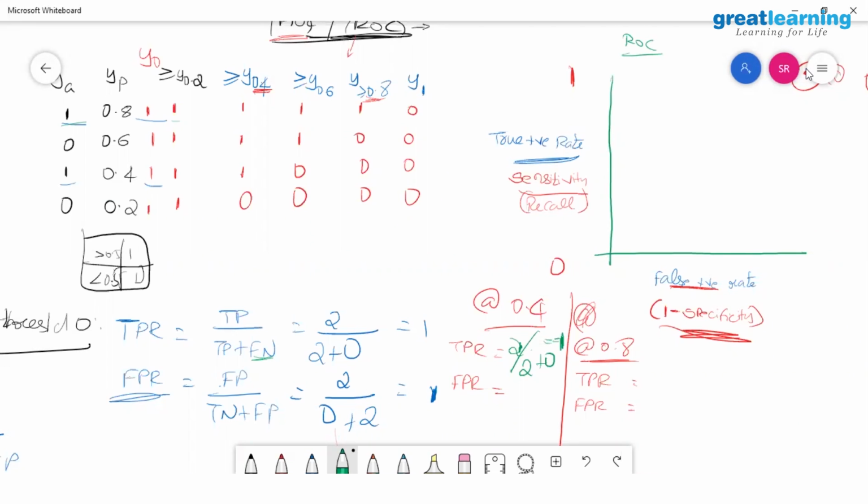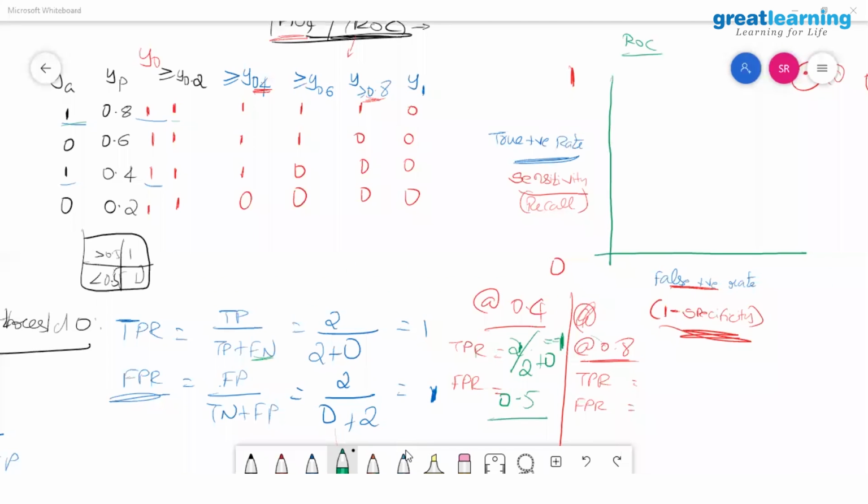Yes, sir. Okay, what is FPR? False positive rate? Just put it in the formula. 1 divided by 1 plus 1. So it is 0.5. All right, that's right. And what about the threshold at 0.8? True positive rate?